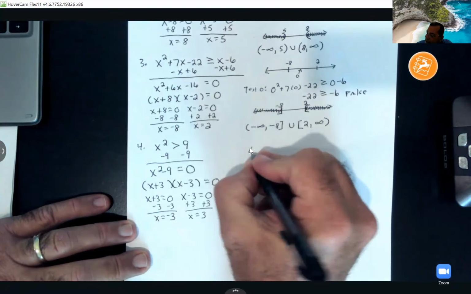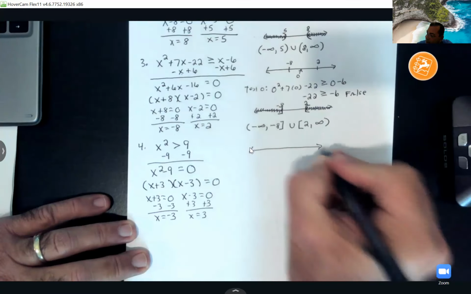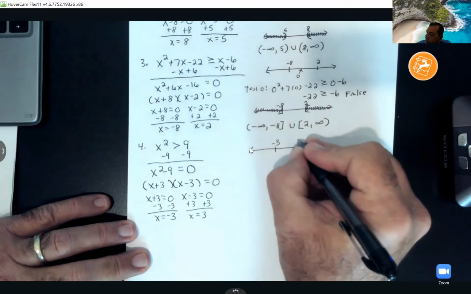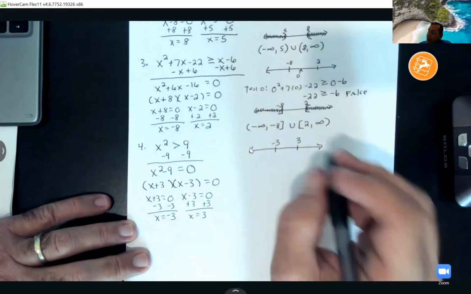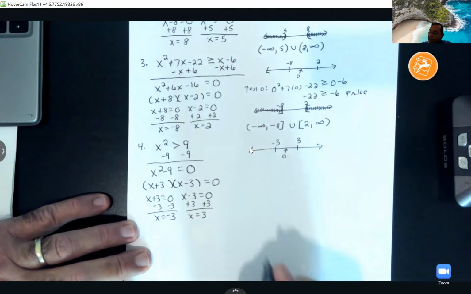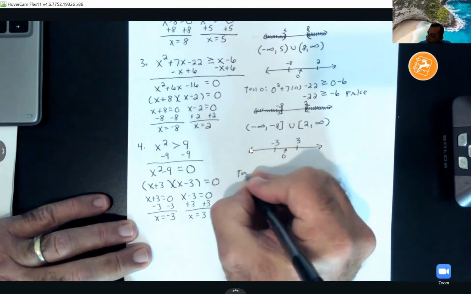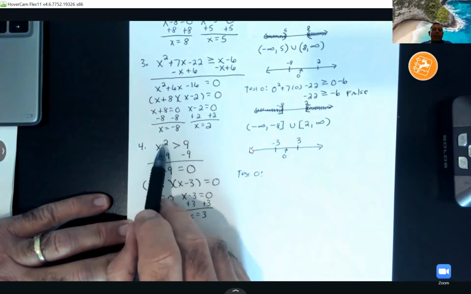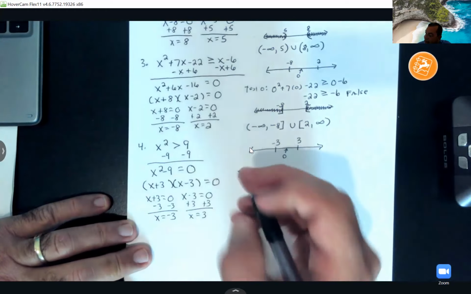All righty, so let's set up our little number line. We got a -3 here and a +3. So y'all, 0 will be right in between them this time. So I'm going to test my 0. So I'm going to use this equation. I got 0 squared greater than 9.